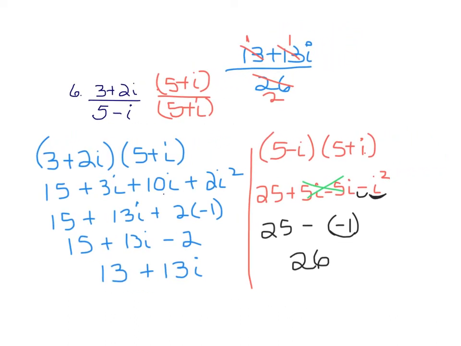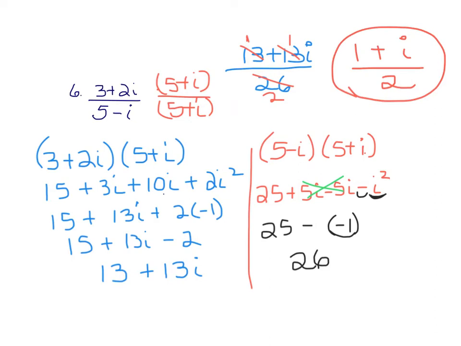Remember again, the 13 doesn't cancel away. We're dividing it. So our final answer here is going to be 1 plus 1i over 2. And you don't need to write the 1 in front of the i, it's assumed.